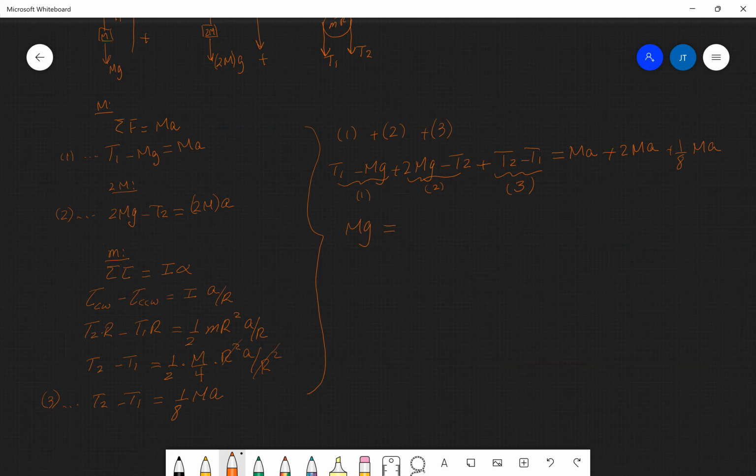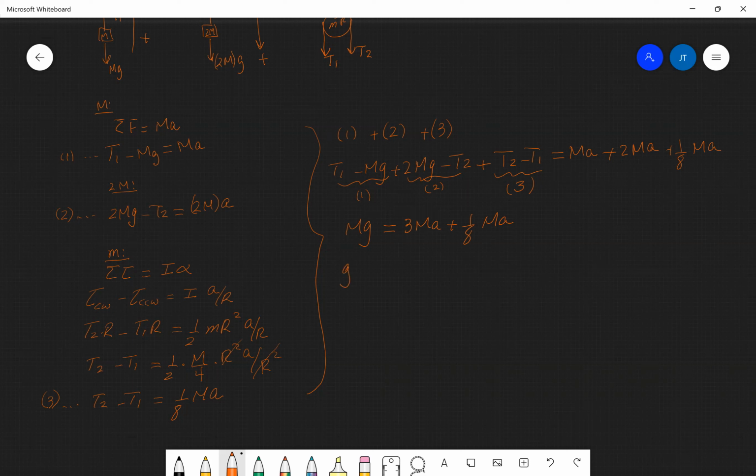equals MA plus 2MA is 3MA plus 1/8, let's just do it slowly, 3MA plus 1/8 MA. M cancels out.